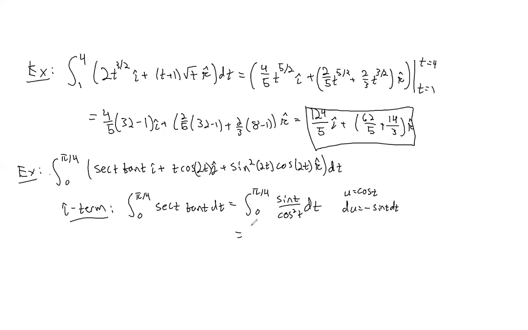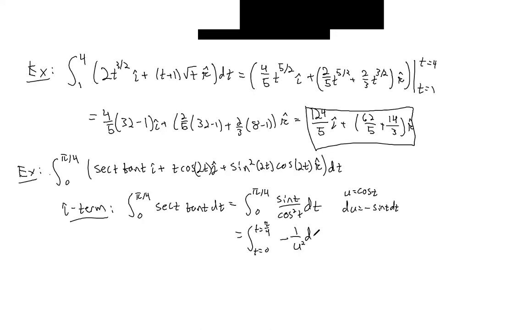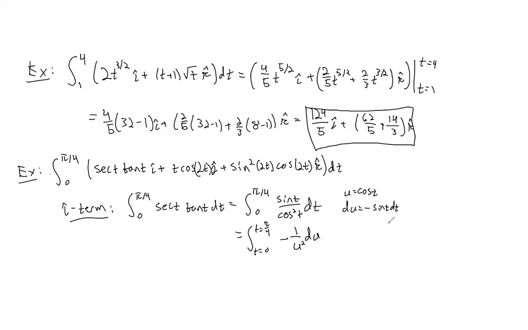So this whole thing becomes the integral from t equals 0 to t equals pi over 4, to avoid ambiguity, so remember what our variables are. Sine of t becomes negative 1 over u squared du. And because of that, now that's just a basic u substitution. We know what that is. That's 1 over u from t equals 0 to t equals pi over 4.